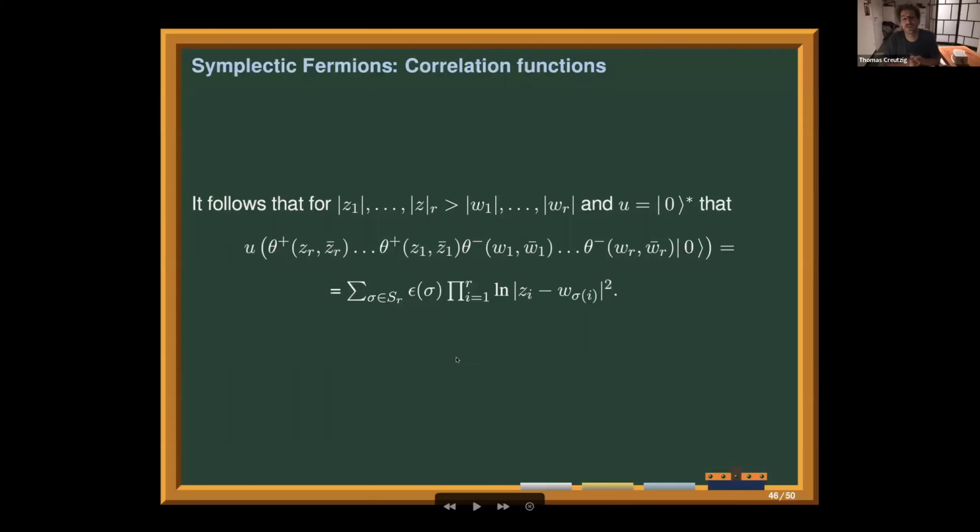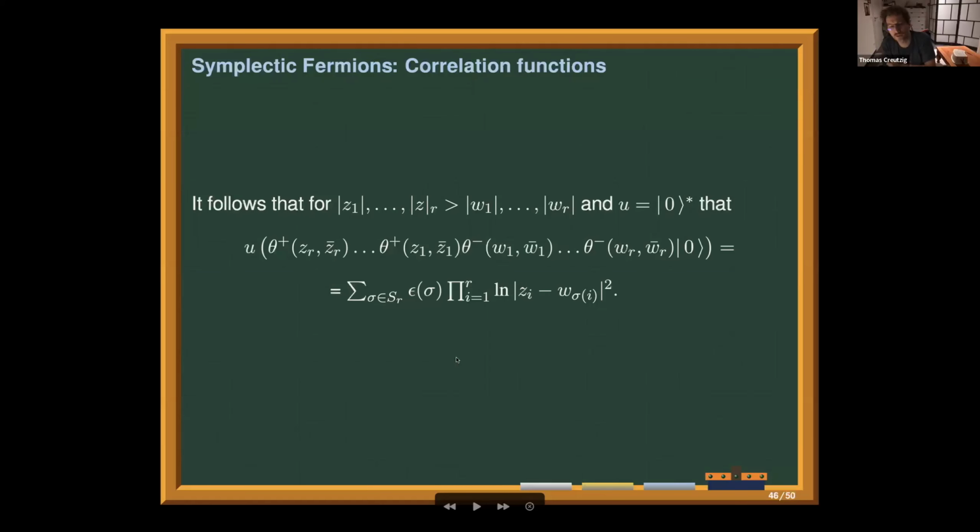And now with this computation, one can take a correlation function where one inserts many of these fields, plus and minus, the same number of fields, and use this rule step by step.